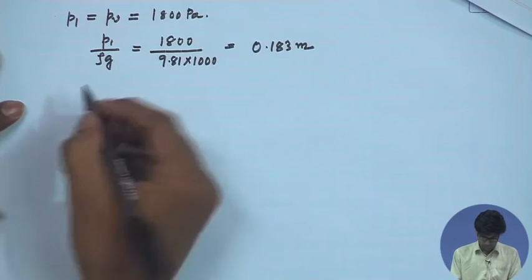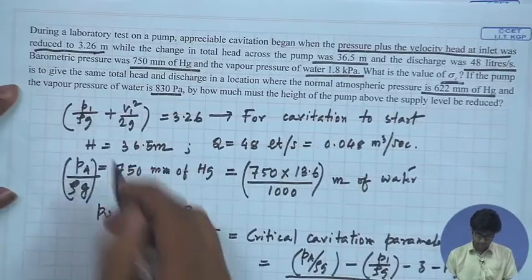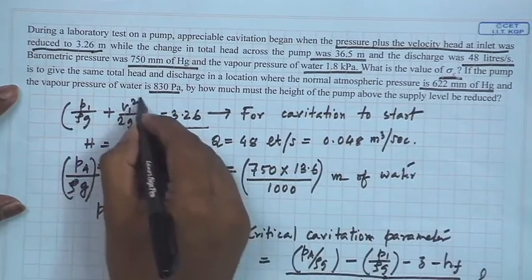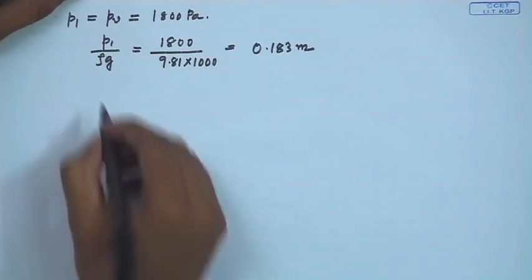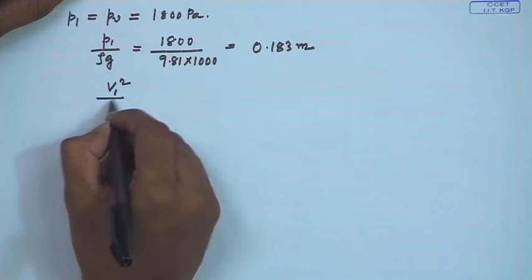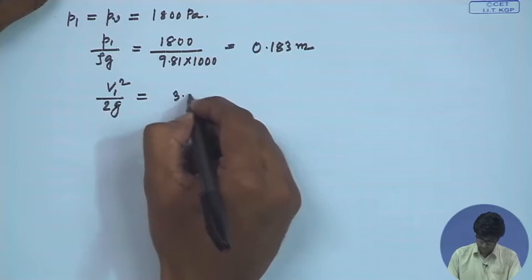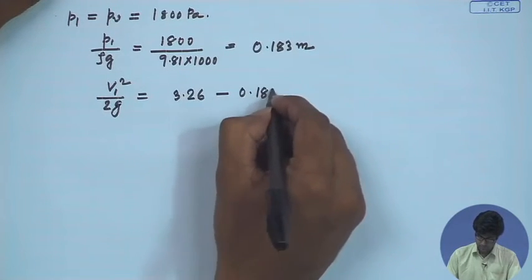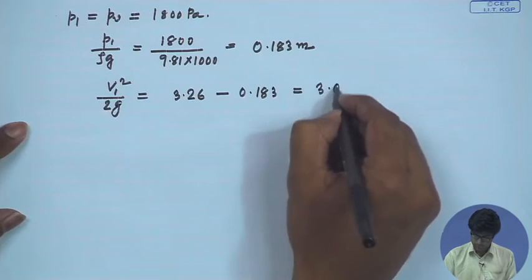Next, since we are given the sum of the pressure and the velocity head at the inlet, from this we can get the velocity head at the inlet by subtracting the pressure head which we just obtained. So, the velocity head at the impeller inlet is obtained as 3.26 minus the pressure head at inlet, which is 3.08 meters.